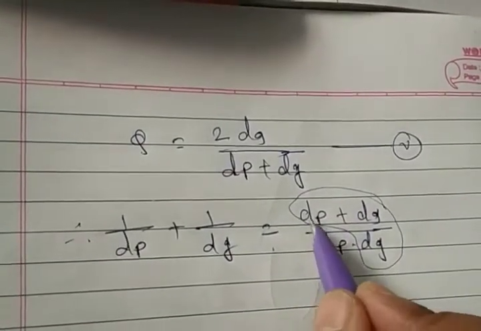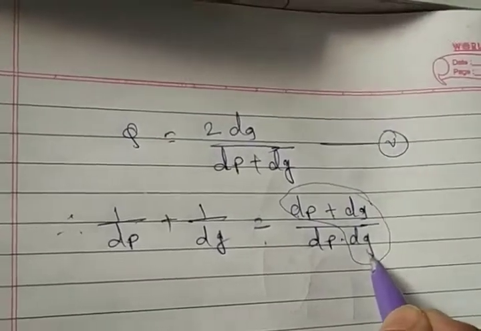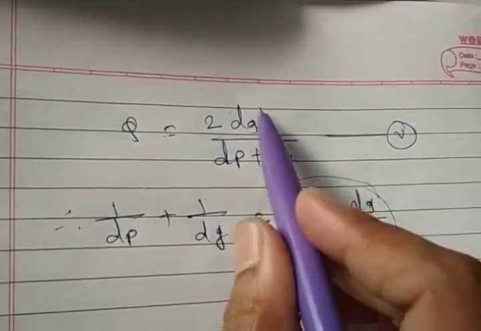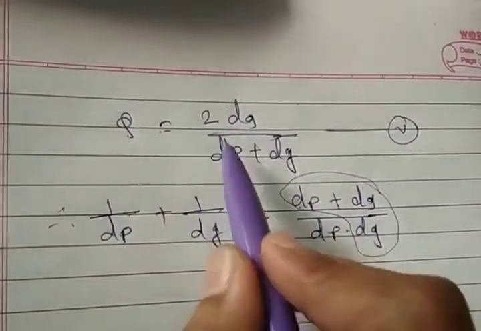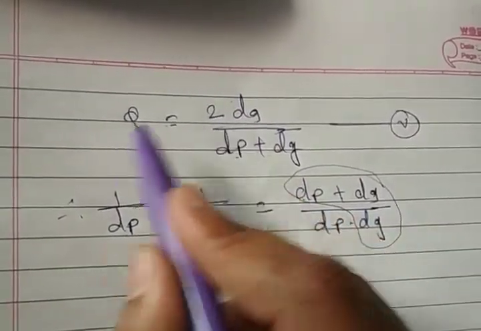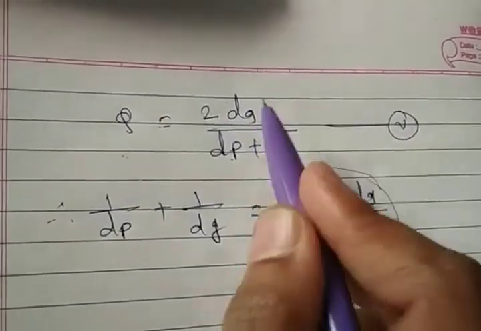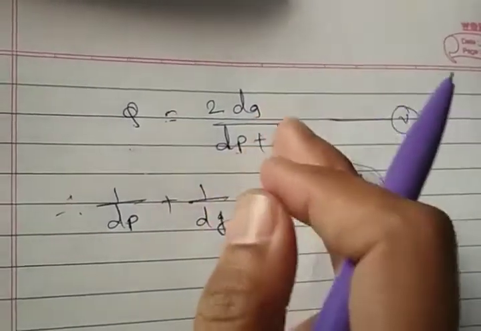This term is dp plus dg divided by dg, and here in equation 5 we have the term dg divided by dp plus dg. So this term is the inverse of this. So let's put the value q upon 2 in this equation.